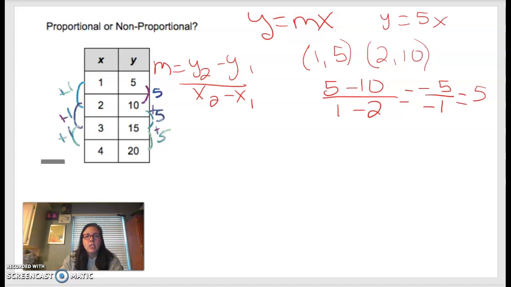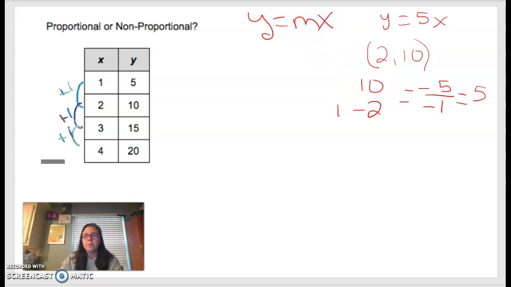So it would be the change in y, which is 5, over the change in x, which is 1. Okay, so our slope is 5. However you get it is fine. I'm going to erase some of these so I have room to work. Our slope is 5.